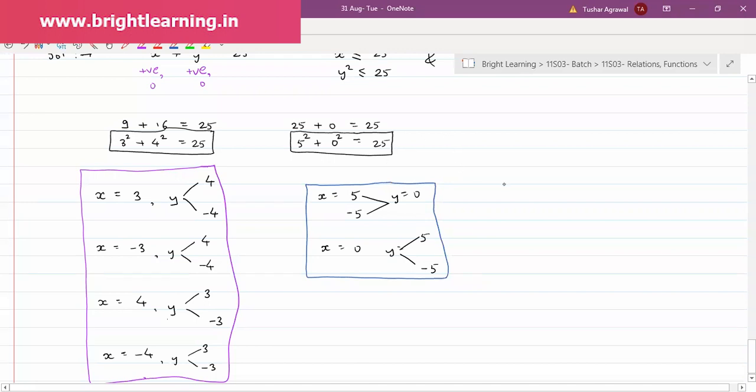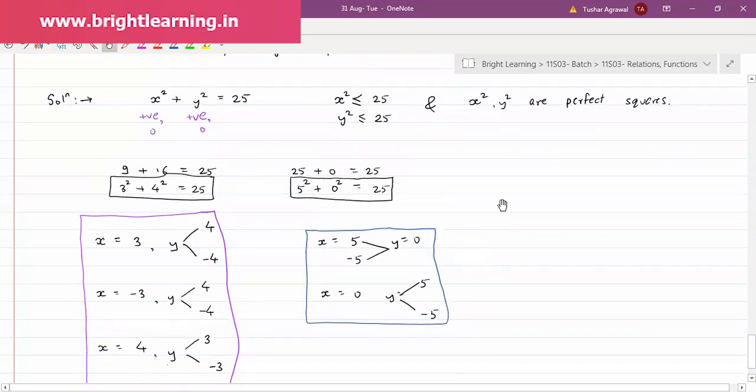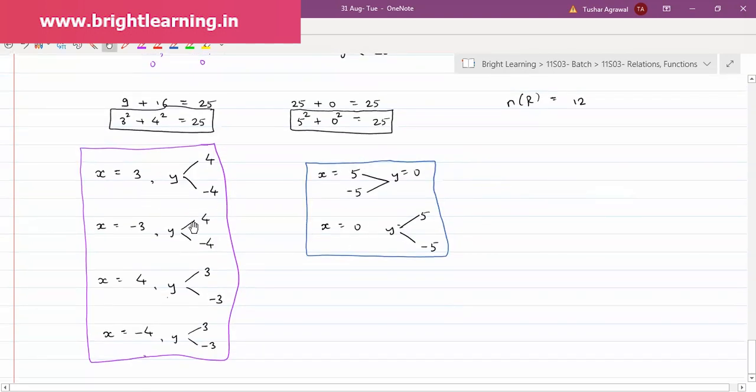So total, can you see that the cardinality of the relation is 12 ordered pairs? Is it visible to everyone? Yes, sir. Domain of R. Domain of R will be 3 is also forming an image, minus 3 is also forming an image, 4 is also forming, minus 4 is also forming.